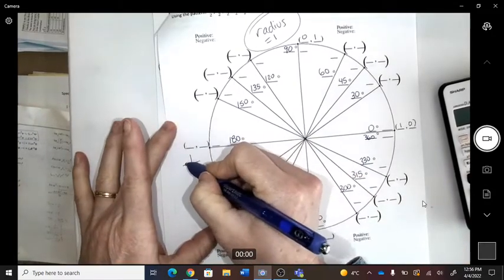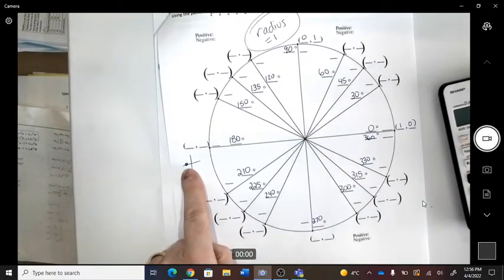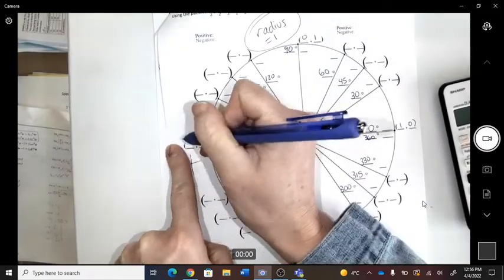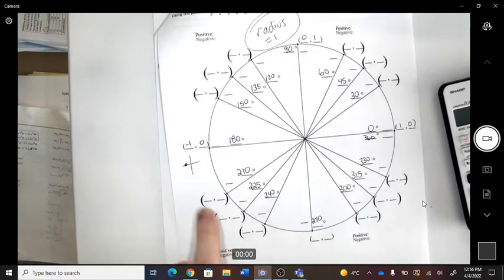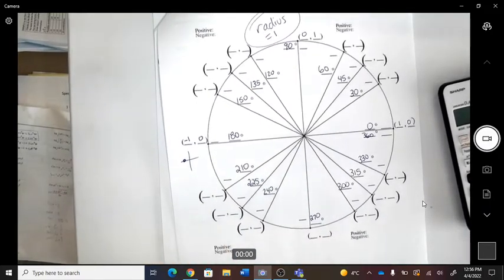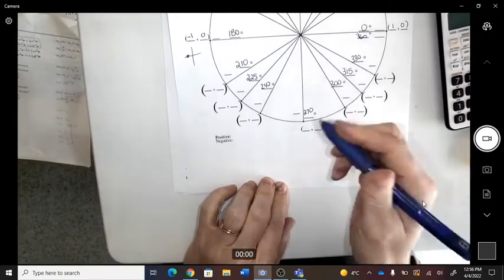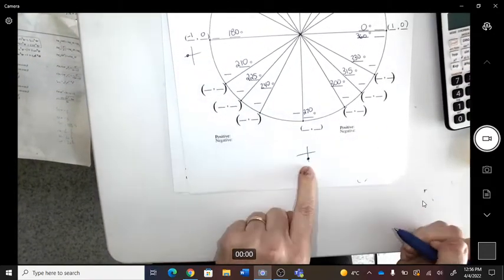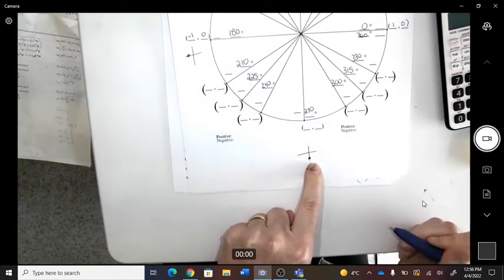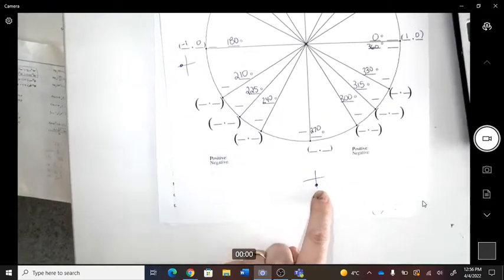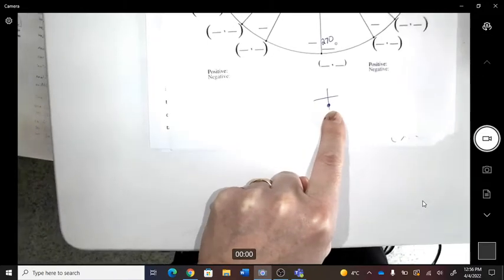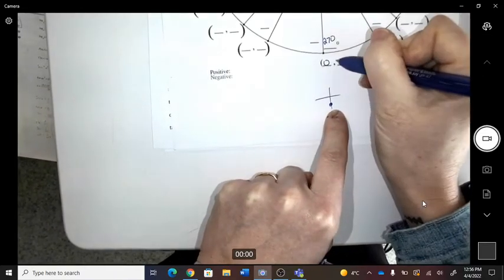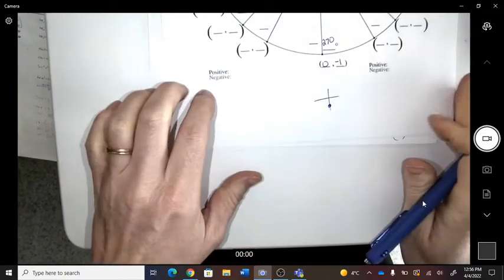If I graph a coordinate like that, what's the coordinate called? -1, 0. And at 270, how do you name a coordinate like that? 0, -1.